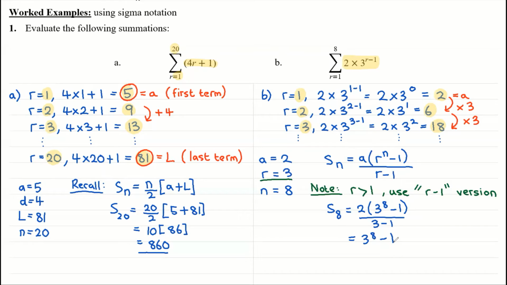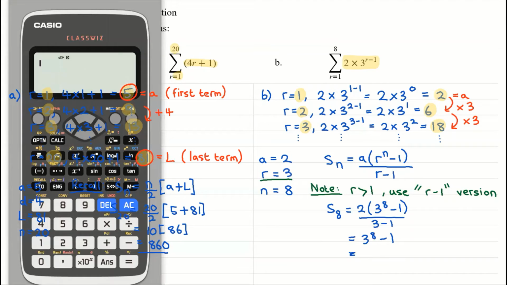Now, we just need to evaluate this. So let's get our calculator. Right, so I've just got enough space here, I think. So let's have a look. So 3 to the power 8, just come out of that, subtract 1, and what do we get? 6560.